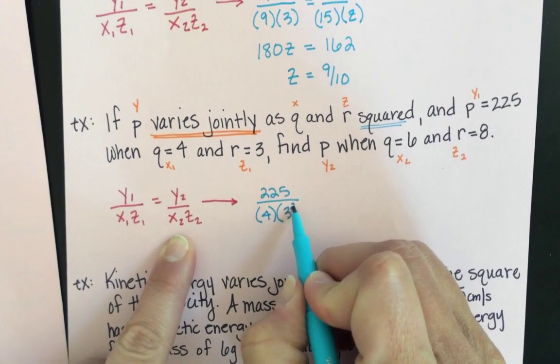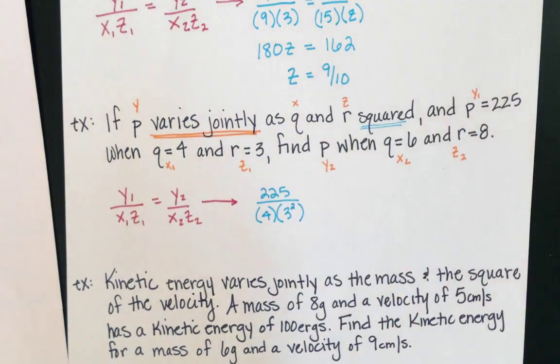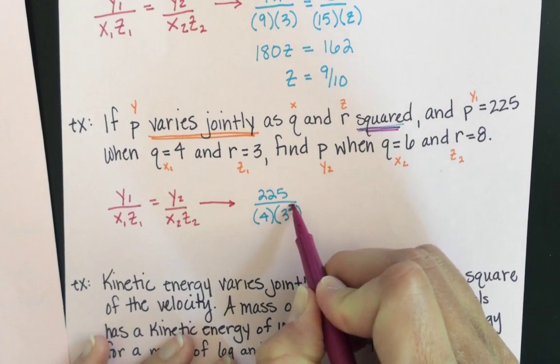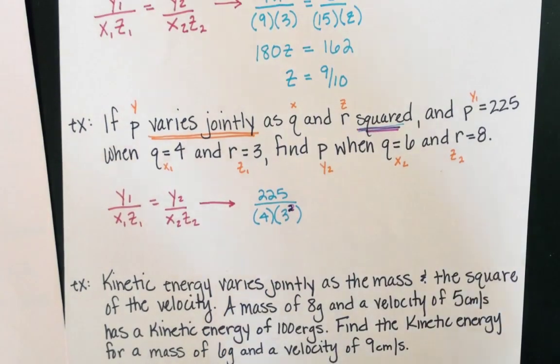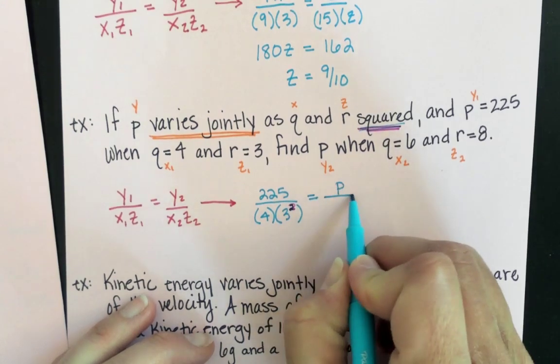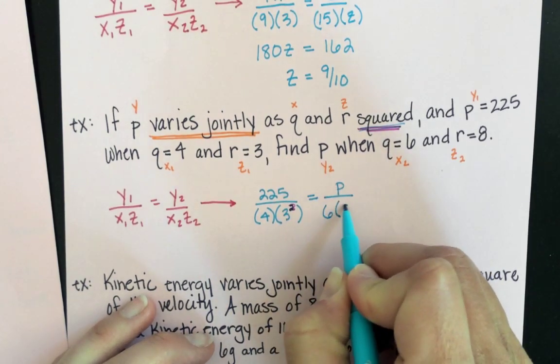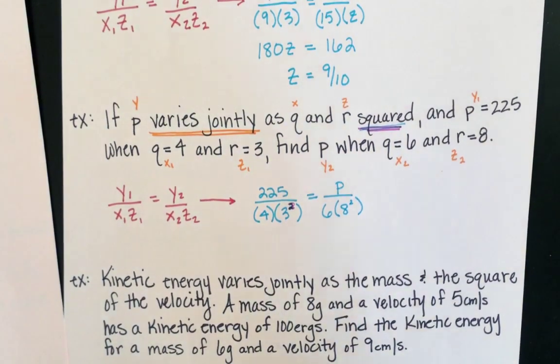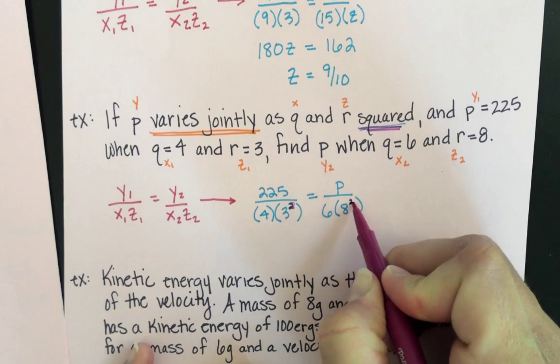So that's why we're going to square this guy. And then that's going to be equal to P over 6 times 8 squared. And again, that's because it's telling us to take that R value and square it.